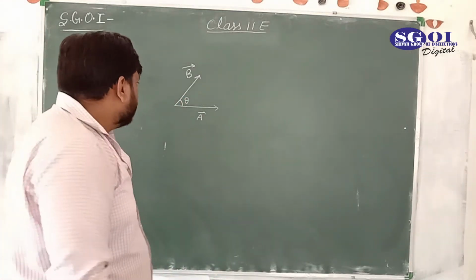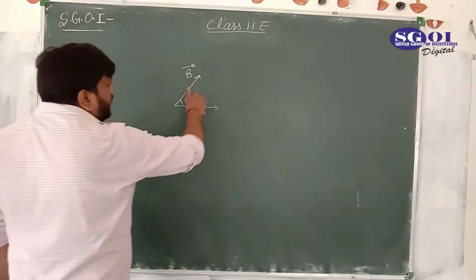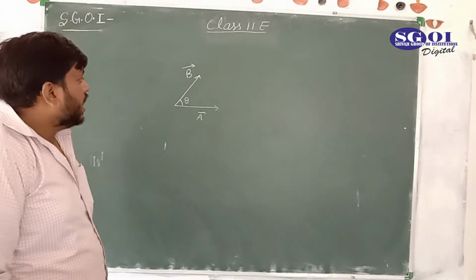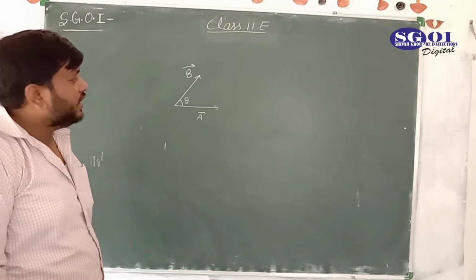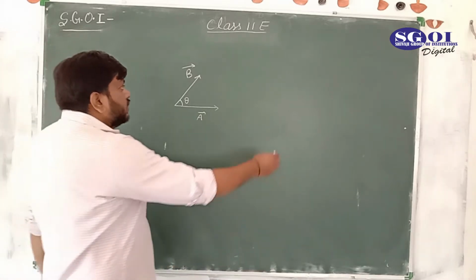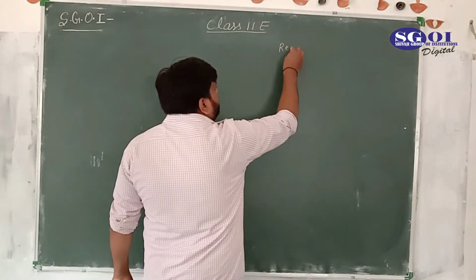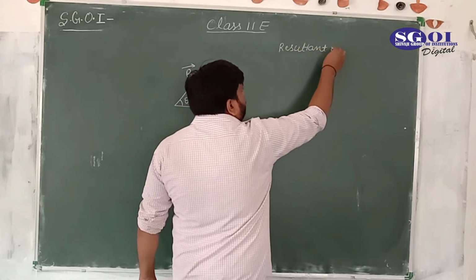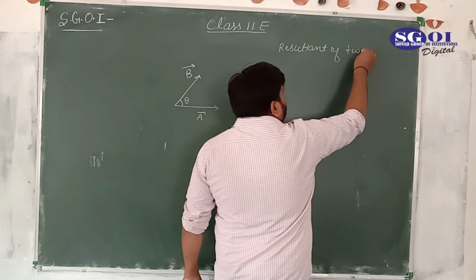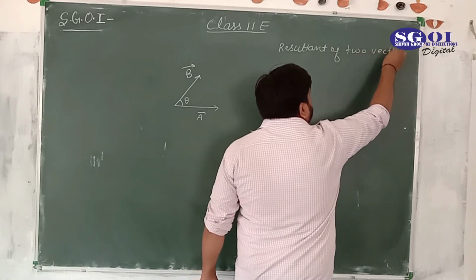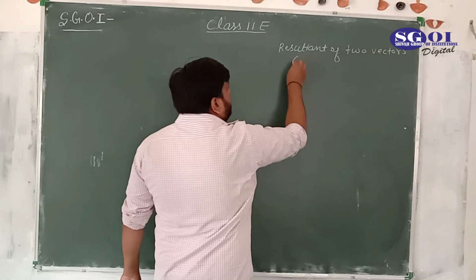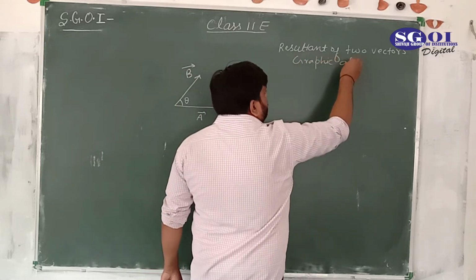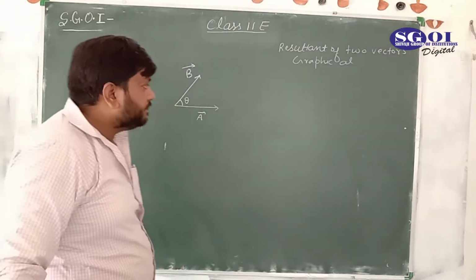Before finding the formula, let's discuss how we find the resultant of two vectors graphically.